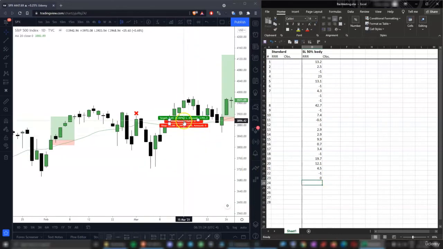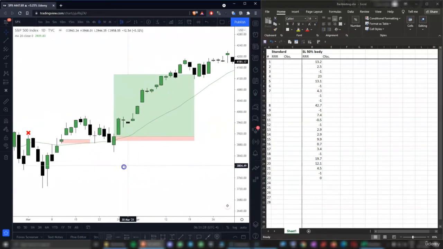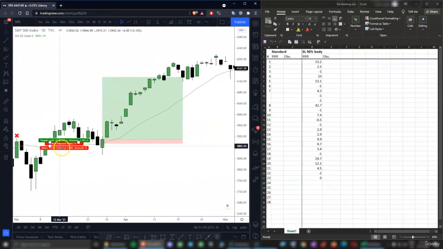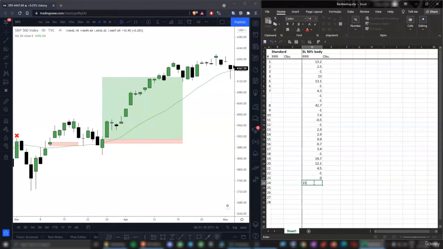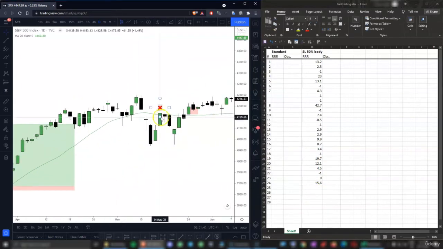Have to write this down because when we are going to modify it, maybe it's going to be different. But the signal is still there. 15.6. Closes below. But this is a full loss.